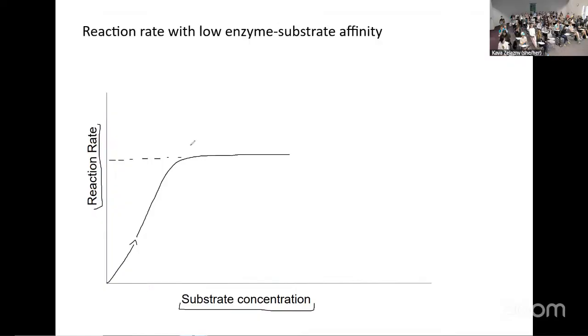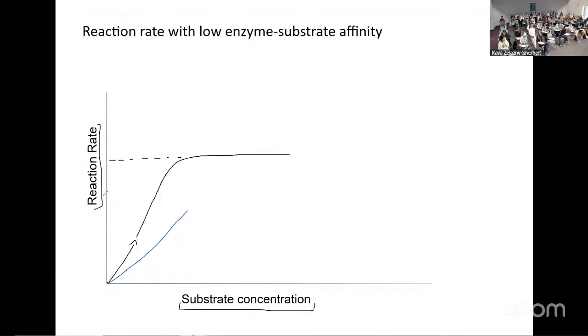We're going to see a difference in how that reaction rate and substrate concentration are related to each other. We're still going to see that as substrate concentration goes up, the reaction rate increases. It's probably not going to do it as quickly, right? So it can bind to the enzyme, but it takes longer, doesn't do it as well.